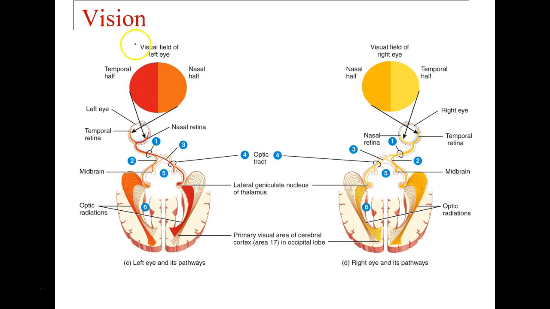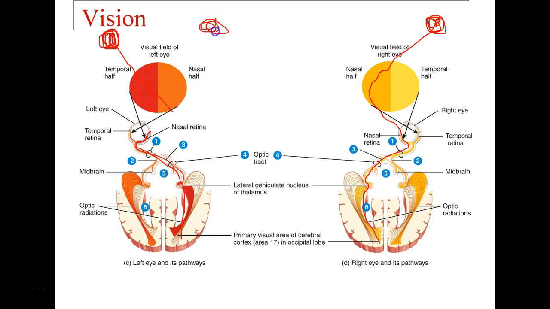What that means is anything that we see on the left side of our body will contact the right side of our retina, and those signals will move to the right occipital lobe. So anything on the right side of our body will cross over, contact the left side of the retina. Those will either cross or stay on the left and move to the left occipital lobe.